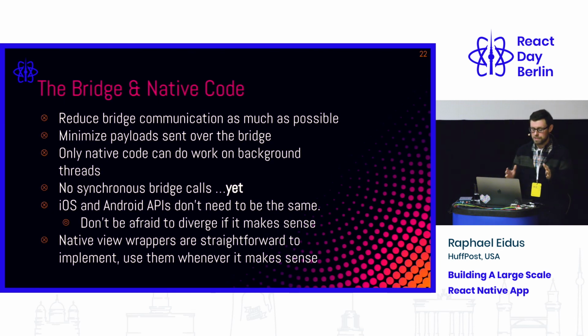iOS and Android APIs don't always need to be the same when you're implementing a bridge module. We've often found the solution's a little bit different. The way you call the functions isn't quite the same on the two platforms. So the approach we took is, instead of trying to coalesce them in Java and Objective-C to get them to look the same, we exposed the two different APIs over to JavaScript and then had JavaScript coalesce them, where it was wrapping, like on iOS there might be two functions that combine to do what was one function on Android.